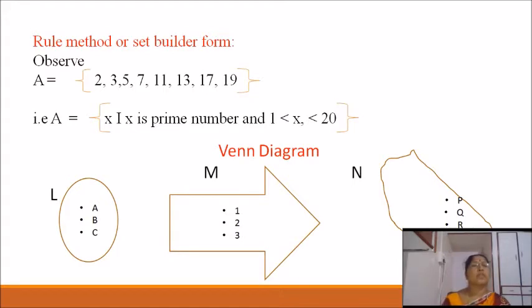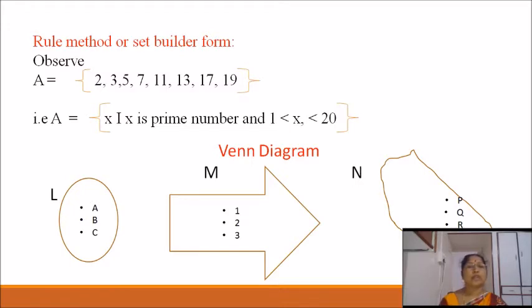Observe the set A. It includes the elements 2, 3, 5, 7, 11, 13, 17 and 19. Is there any common criterion between the elements of set A? All are prime numbers lying between 1 and 20.